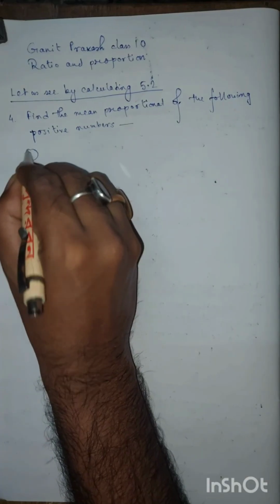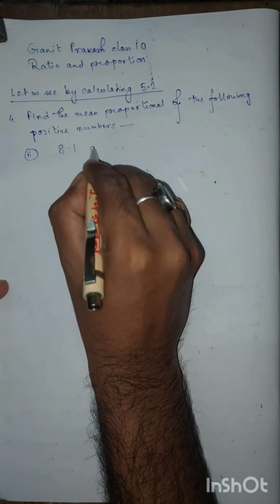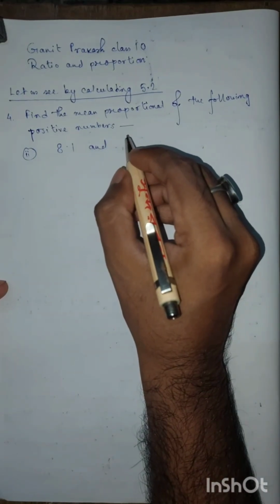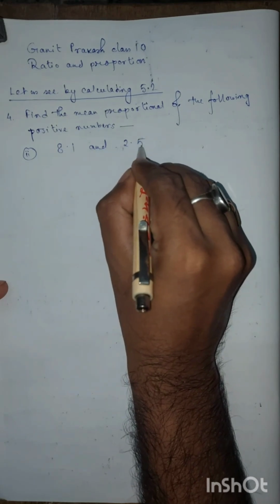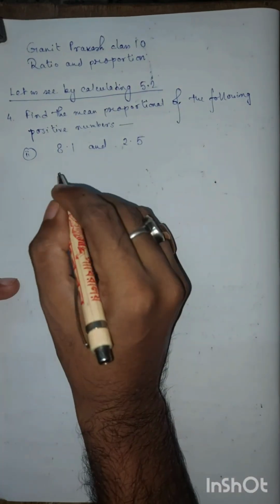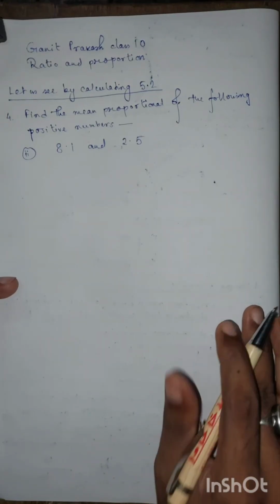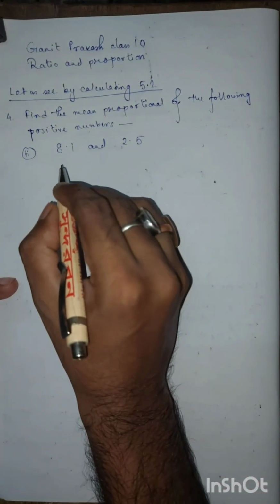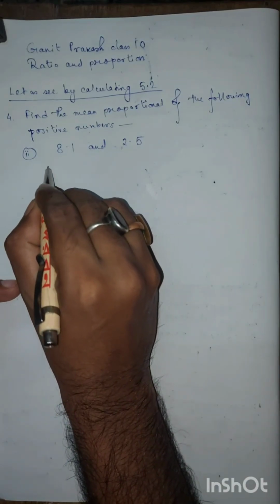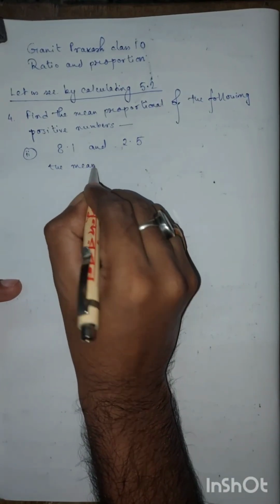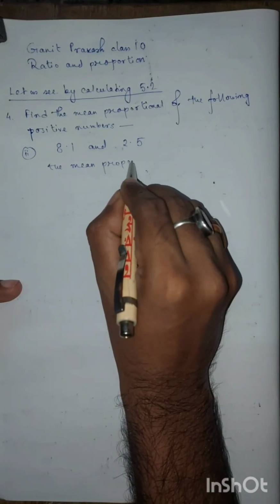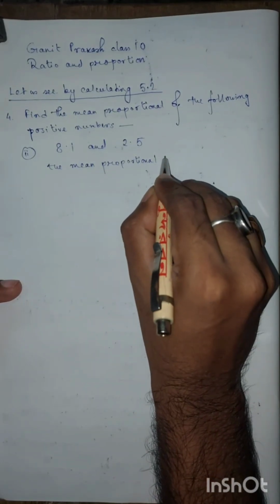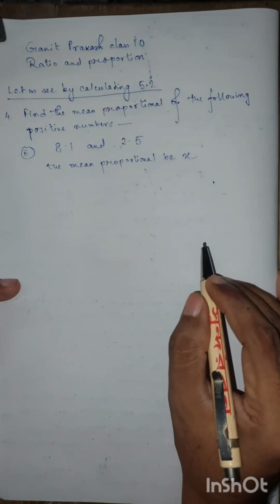So question number 2. 8.1 and 2.5. We do not know the second number, so let us assume the mean proportional be x.